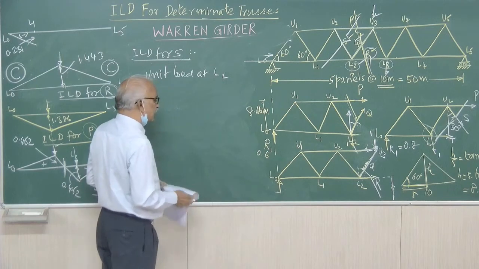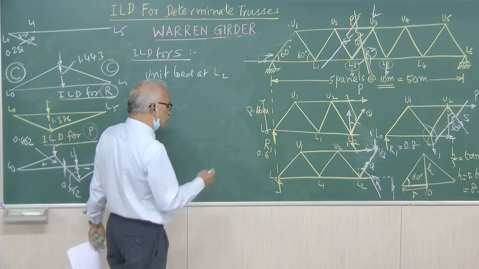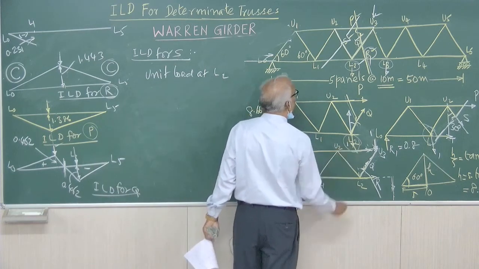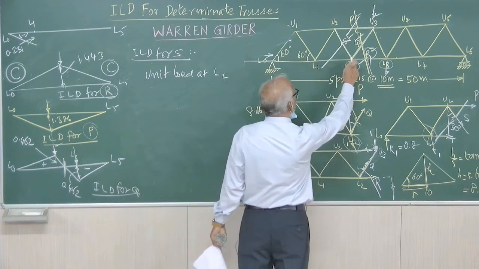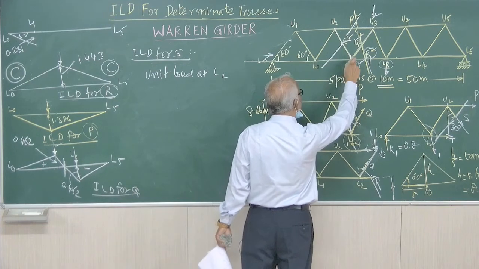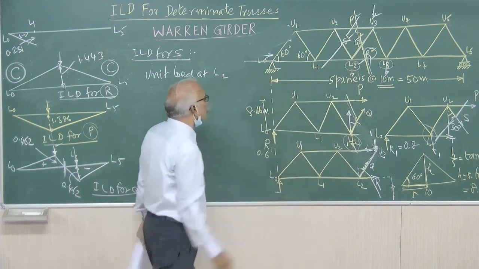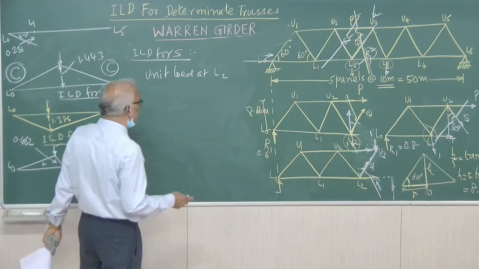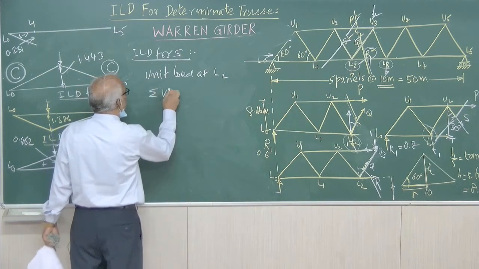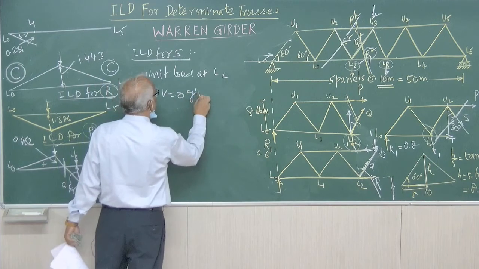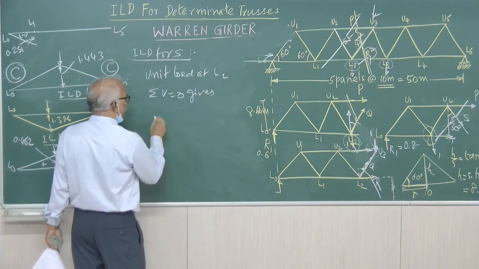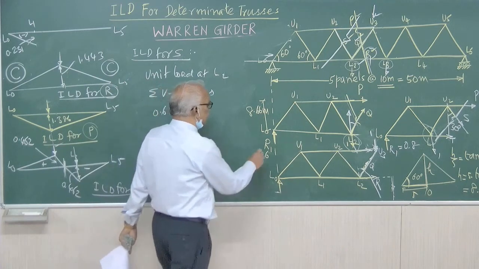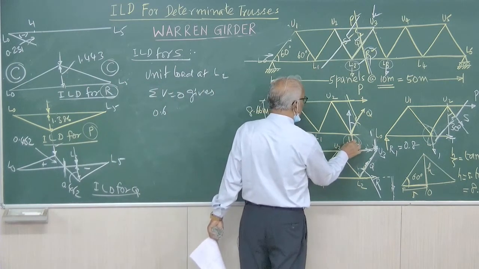We will not repeat the calculation because it is already known. It is a through truss, and the bottom chord is the loaded chord. So when it is applied at L2, the reaction is 0.6. Therefore, we will use sigma V equal to 0, which gives 0.6.